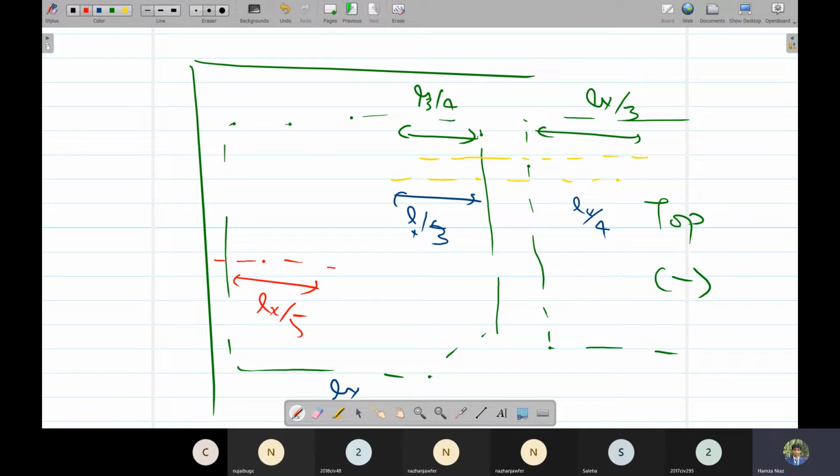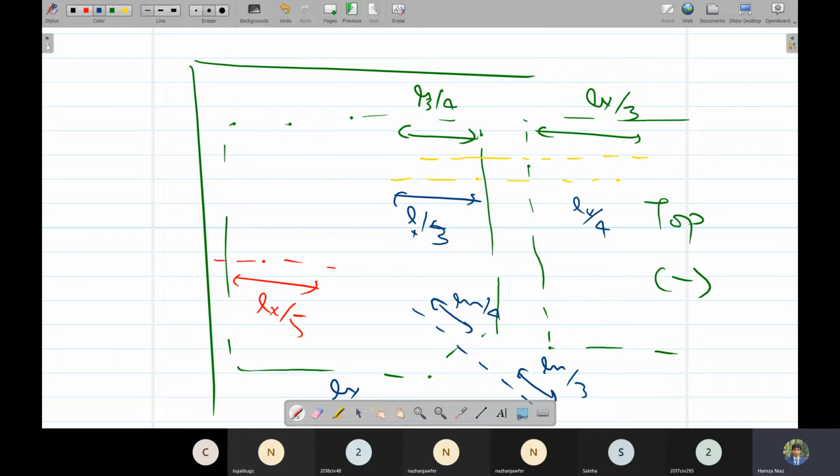So this is how we show the top steel. And if this is a curved portion like this, we will be placing top steel like this. The lengths would be the same, Ln by 4 here, then Ln by 3 here. We can use Ln here because this is in the middle of Lx and Ly.